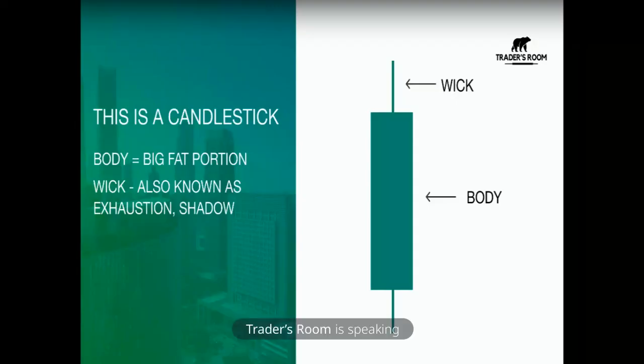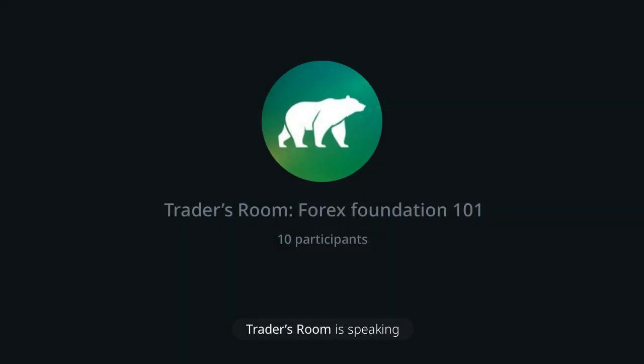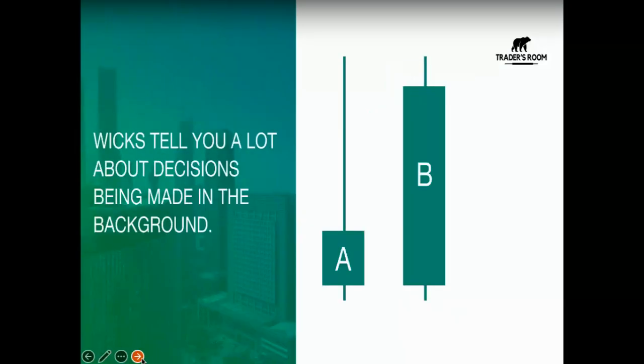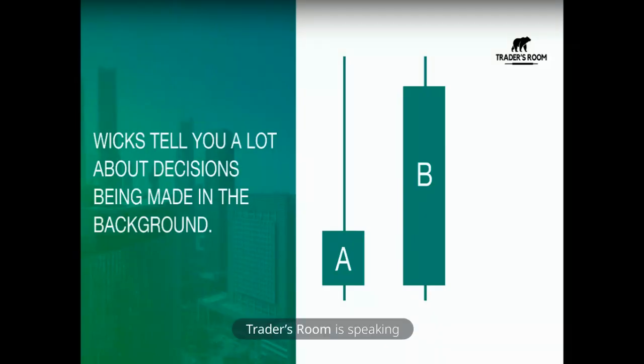And as a day trader, you're going to make your analysis within all these time frames, but you're going to do more of the lower time frame so that you can have price pattern, nature, structure to trade with. Which tells a lot about decisions being made in the background. Like I was explaining, the way a candlestick forms is very, very important.